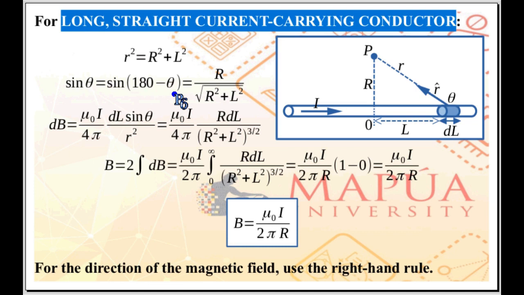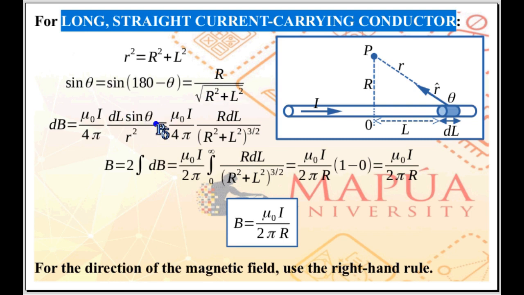Sine function is opposite over hypotenuse. You have capital R divided by hypotenuse small r. The hypotenuse small r is just the square root of this equation, which will give you capital R divided by square root of R squared plus L squared.